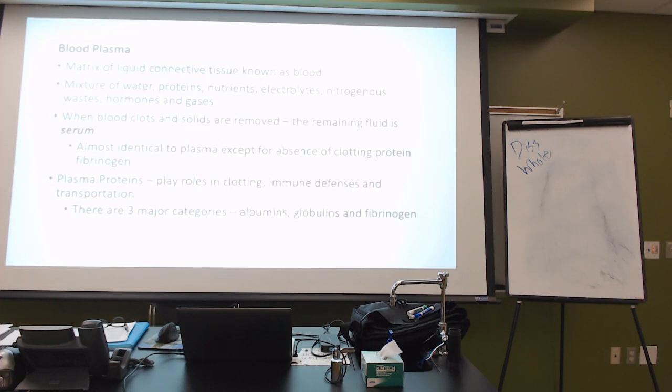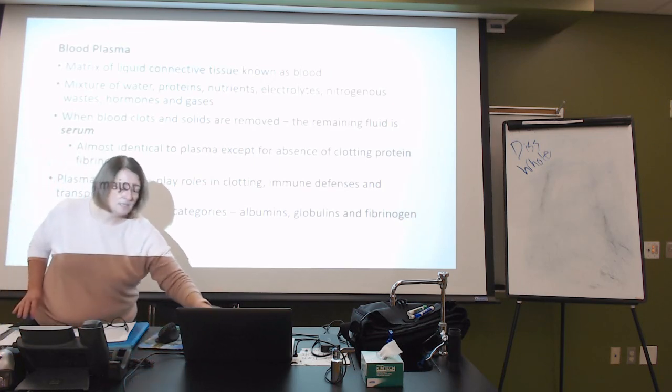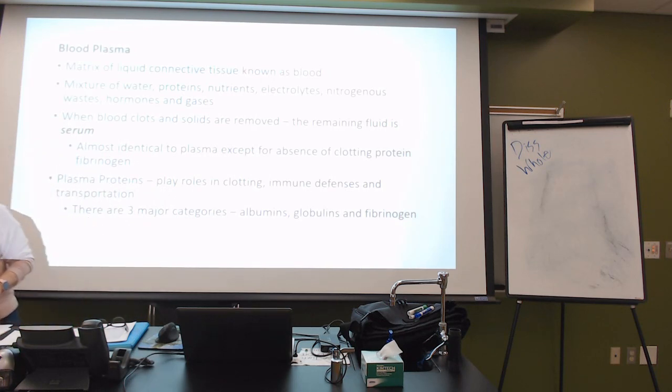Now, if the material that causes blood clotting, anything that would create a solid, is removed, what gets left over is termed serum. You may hear when you get out in the field that they did a serum blood test.